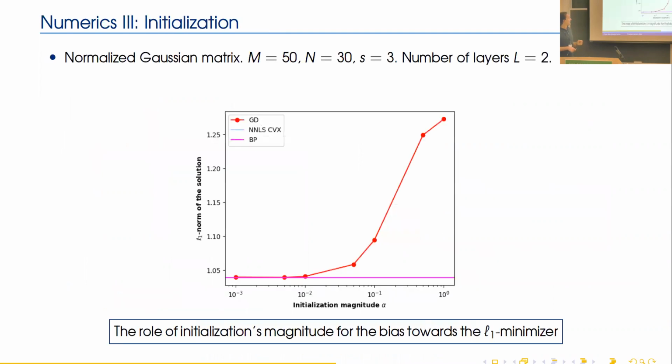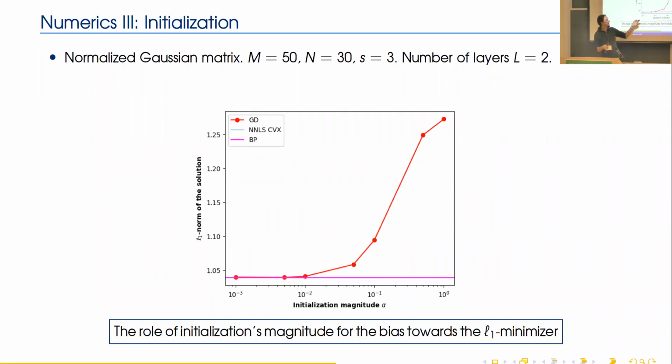Also, maybe that's a very misleading picture, but still I'm showing it here. The role of initialization, because I mentioned in the beginning that if the initialization is quite small, you can also reach the L1 minimizer. So here I'm plotting the L1 norm of the solution, and I'm comparing with CVX solving, non-negative least squares, and basis pursuit.